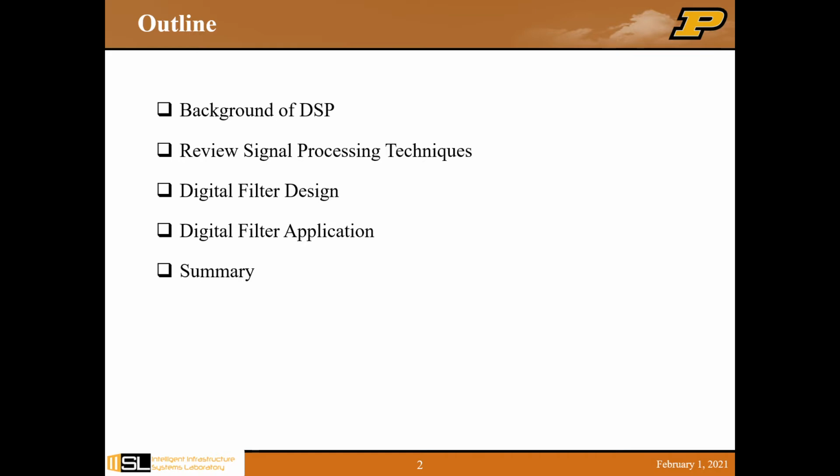This is the outline of today's lecture. We will quickly go through the background of digital signal processing, in other words DSP. Then we will review some basic techniques for signal processing, like Fourier transform, discrete Fourier transform, Laplace transform, and Z transform, etc. Based on that, we will study how to design digital filters, including finite impulse response filters and infinite impulse response filters.